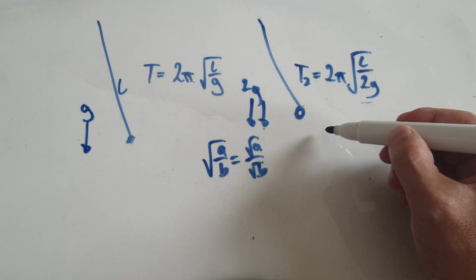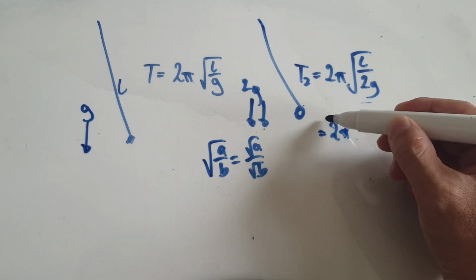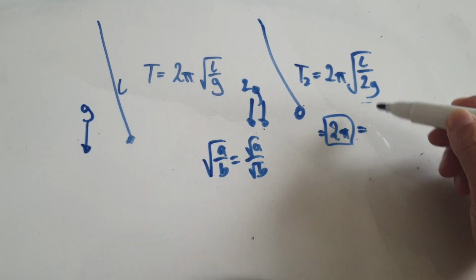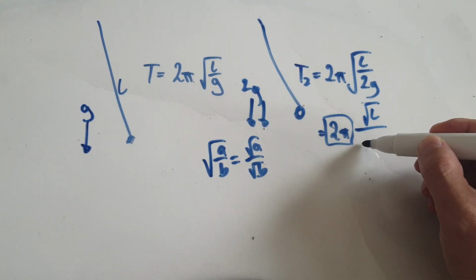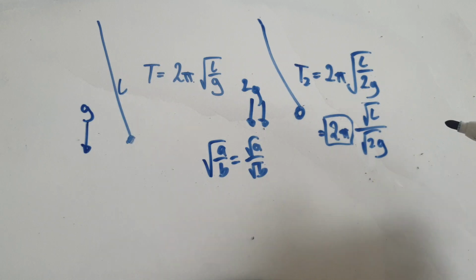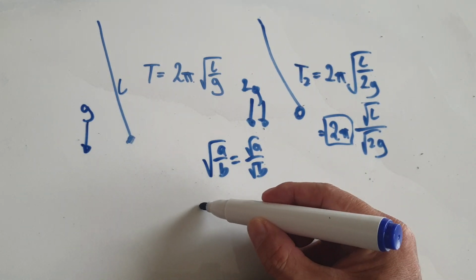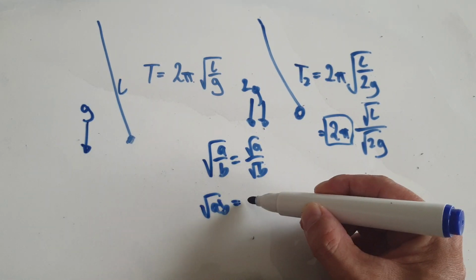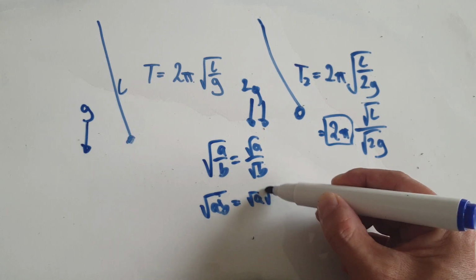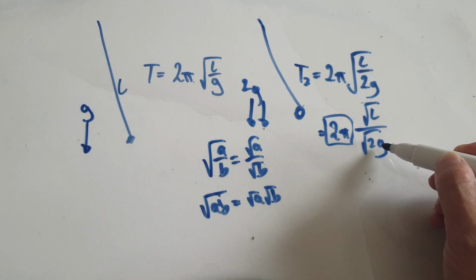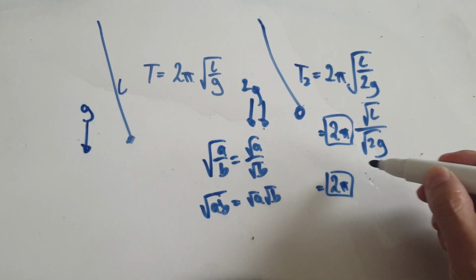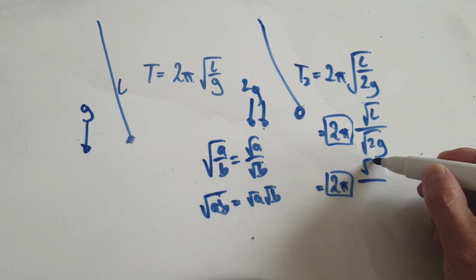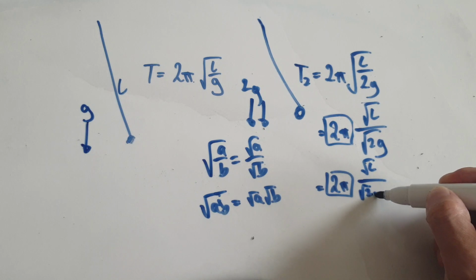So use on this, that would then be 2 pi, imagine this as a block, equal times root L over root 2g. And then using root AB being the same as root A times root B, I can use that to break this up. So that would be 2 pi as one block times root L over root 2 root G.